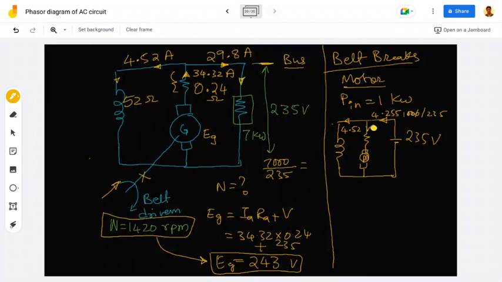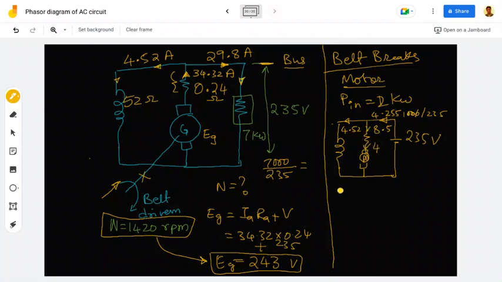In that case, there is no current going into the armature, so it is not possible. So here, just for the sake of completion, let us say the input power is 2 kilowatt. This current will double: 2000 divided by 235, that is 8.5. Then 4.5 is in the field, so the remaining 4 amperes is in the armature.